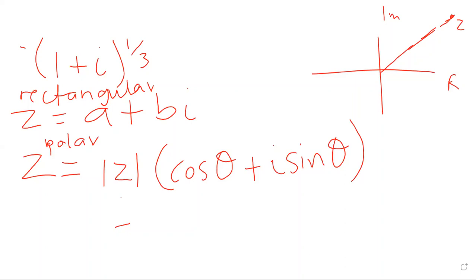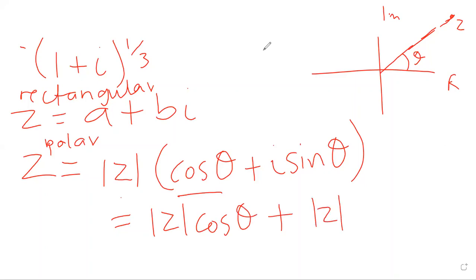After that, we find the argument, or the angle, and then we write it in this form. The cos theta is the real part. If we expand, we have modulus of z times cos theta as our real part, and then z times i sine theta.